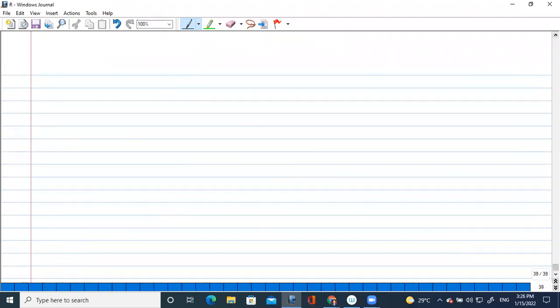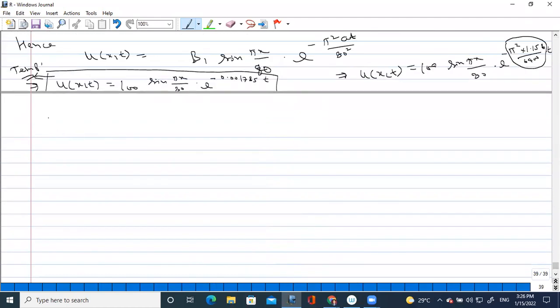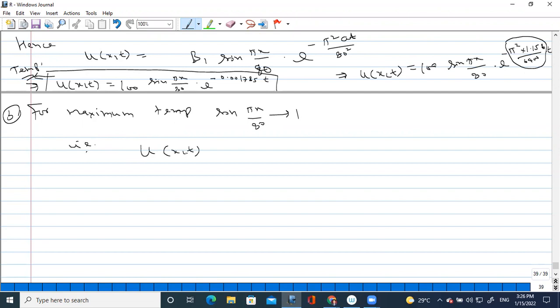Okay, so B portion I am solving for maximum temperature, when sine pi x by 80 will reach equal to 1. Understood? That is u(x,t).